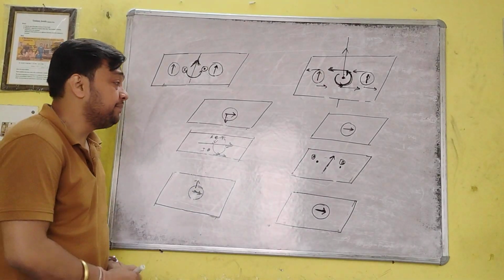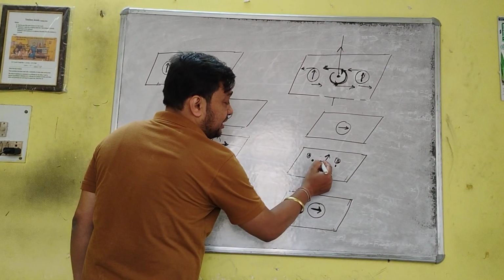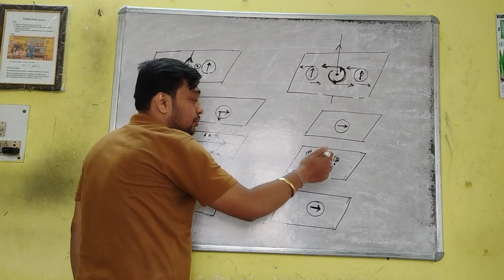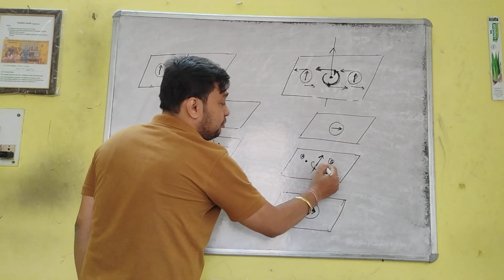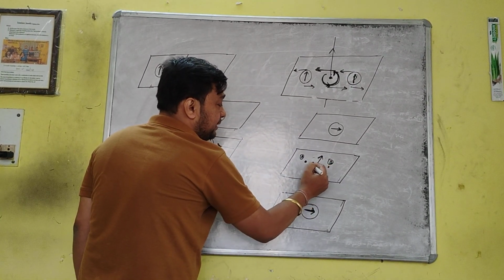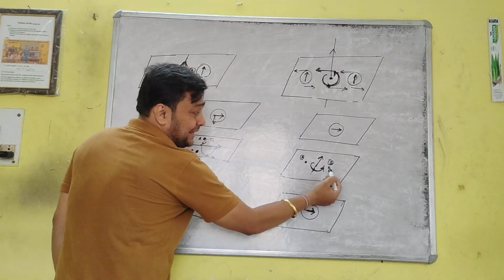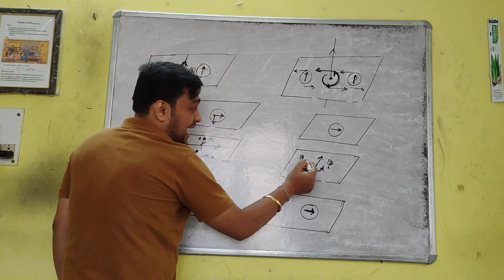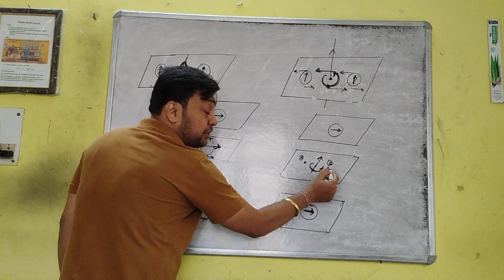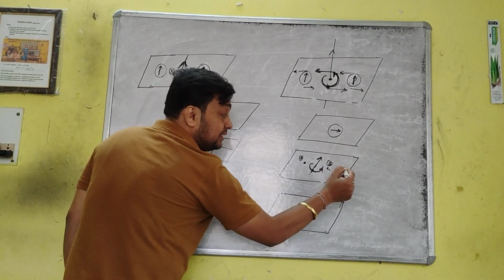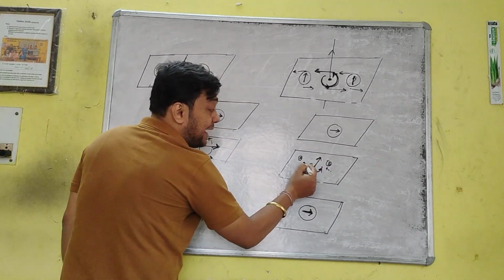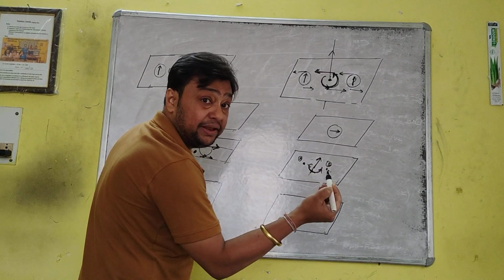Same theory. What if I draw the magnetic field applying the right hand thumb rule? The magnetic field will be like this. At point A the magnetic field is going in, and for point B the magnetic field is going in, and for this point A the magnetic field is coming out of the plane.